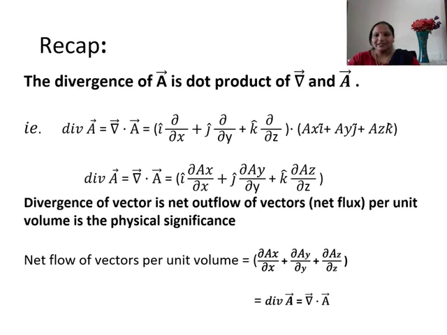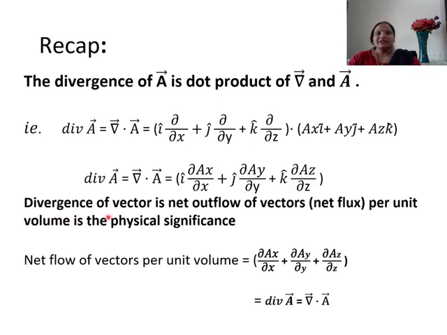Up to now, in this session, we discussed divergence of a vector. The divergence of a vector A is the dot product of del and vector A and is given by divergence A is equal to del dot A is equal to i cap ∂Ax/∂x plus j cap ∂Ay/∂y plus k cap ∂Az/∂z.